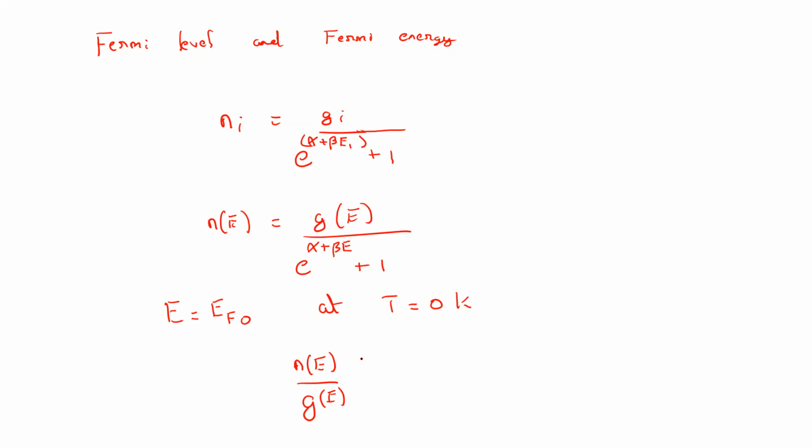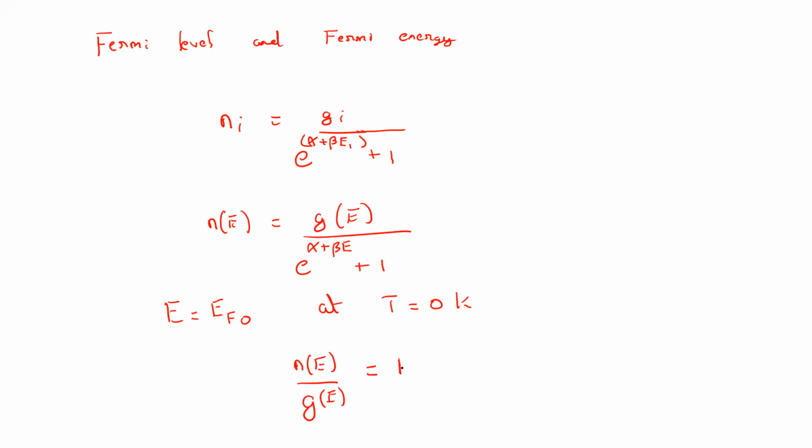The density of states at that particular energy level has so many states. If all the states are occupied by one electron, since we are talking about the electron, then this value refers to 1. So this is when E is equal to EF0.